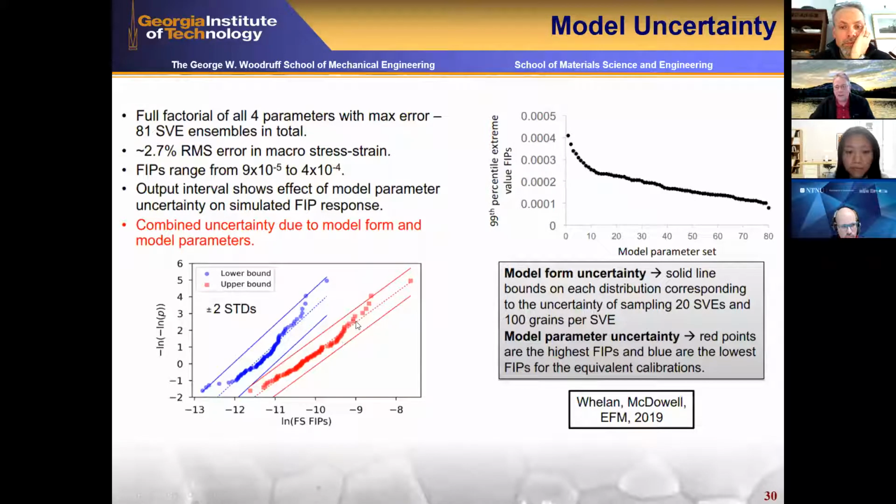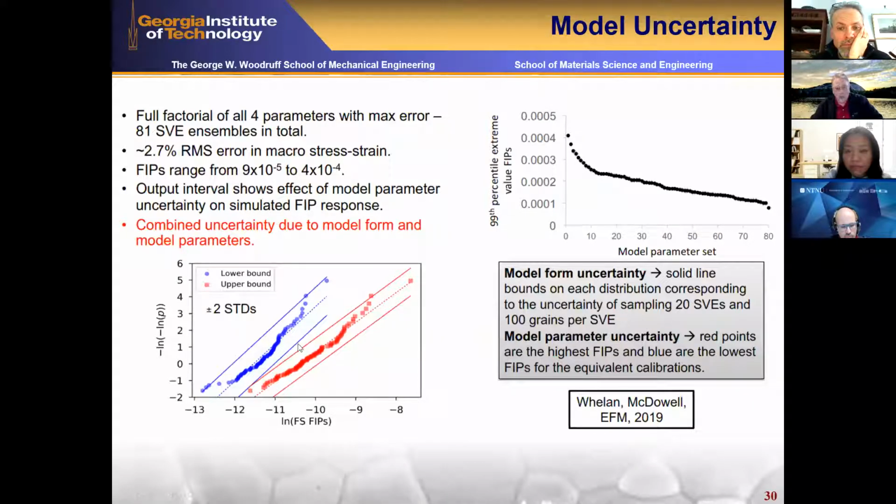So the intervals, the solid red and blue lines are the upper and lower intervals based on sampling a number of statistical volume elements representing the aleatory or random uncertainty, whereas the model uncertainty, the parameter uncertainty, are based on the red versus the blue points.